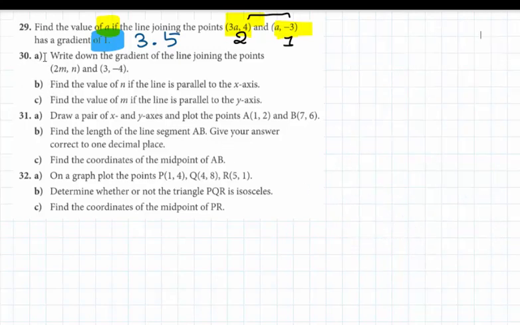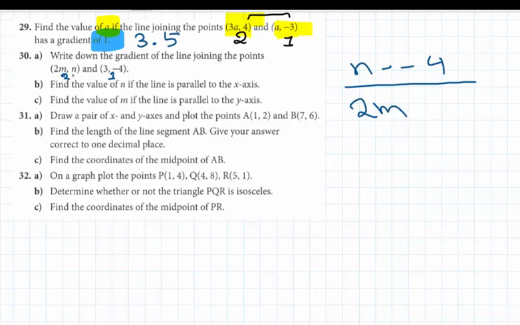Question 30, A. Write down the gradient of the line joining the points (2m, n) and (3, negative 4). Let's just find the gradient using the ordinary way. Let's consider these as x2, y2 and this one as x1, y1. Then we will have n minus negative 4 over 2m minus 3.